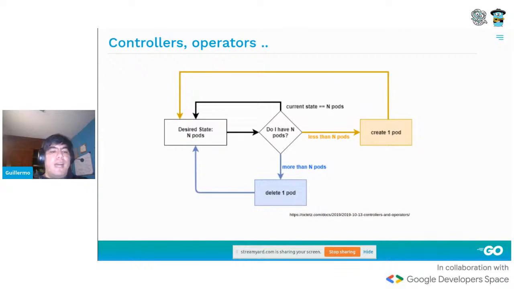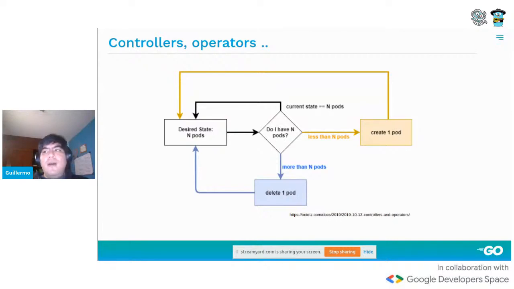Another concept is operators. Operators are controllers, but with a very specific purpose. Normally, they are custom resource definitions, and they are very specific to what they want to control.